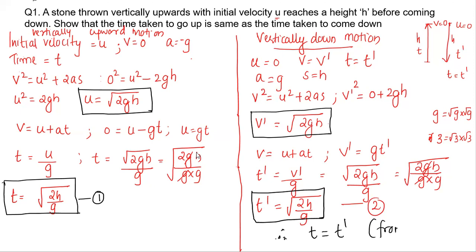From equation 1 and 2 we got t and t dash are equal. What is t? Time taken to go up. What is t dash? Time taken to come down. That is, time taken to go up is the same as time taken to come down. I hope it is clear to you. Now let us solve the next question.